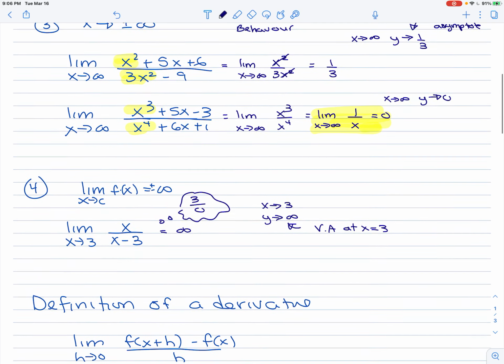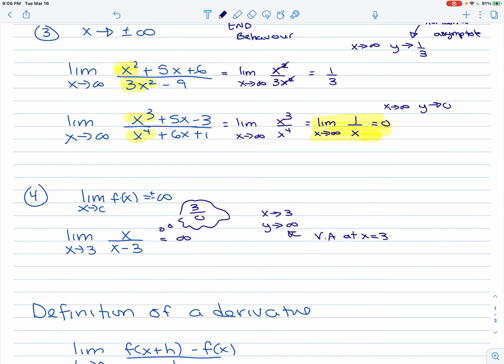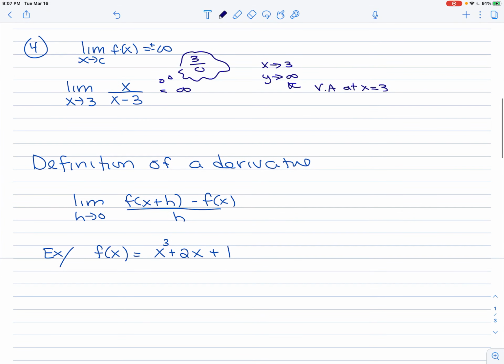Okay, so that's a quick review of limits. I don't know how much of these you'll be asked on the exam, but at least it's a little review. The one that you really want to know is the definition of a derivative, or first principles, and I would suggest this is the one you want to know.